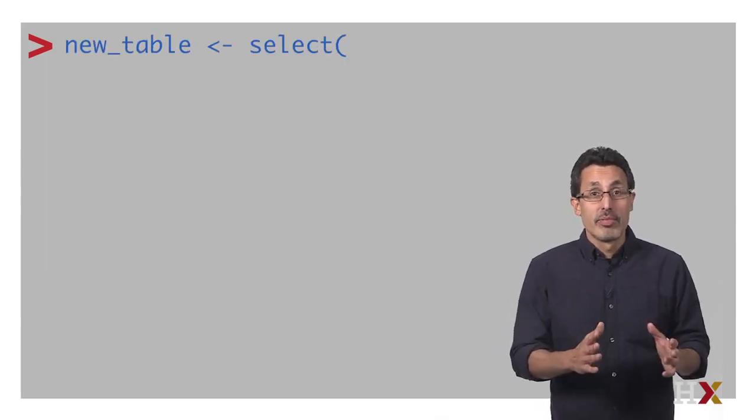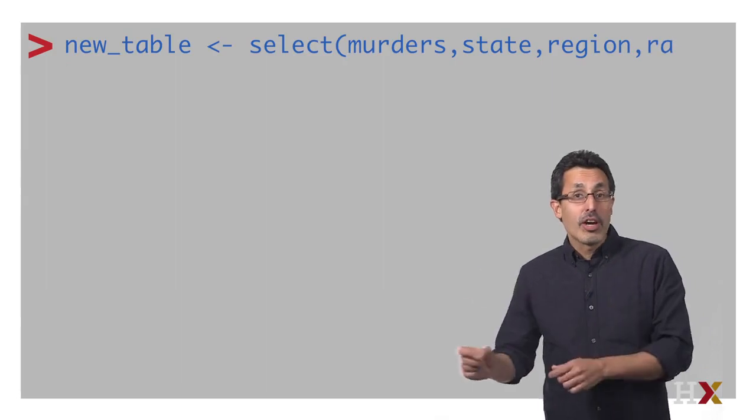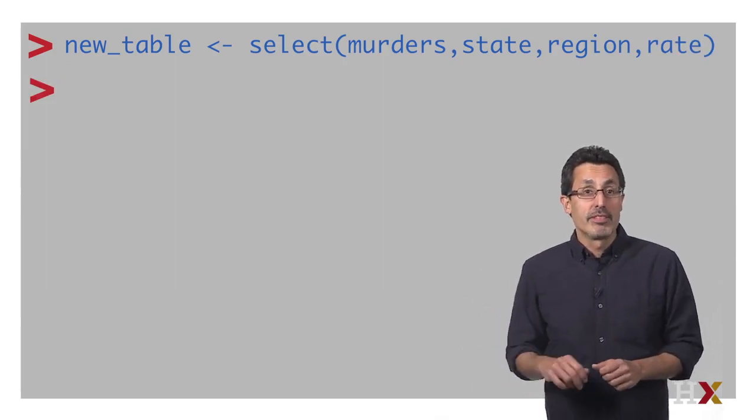Now let's learn about the select function. Although our data table only has 6 columns, some data tables include hundreds. So it's often useful to select just the columns that you want to work with. Here we define a new object, new table, and it's the murders data table, but only 3 columns of it: state, region, and rate.